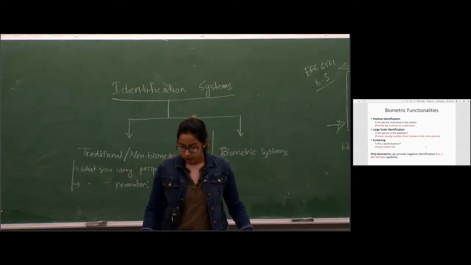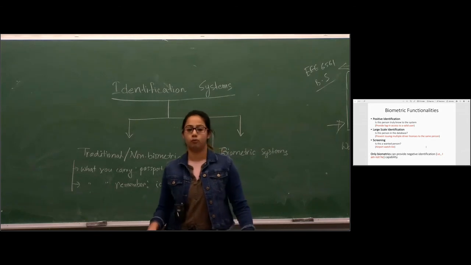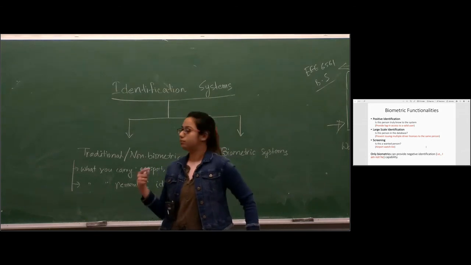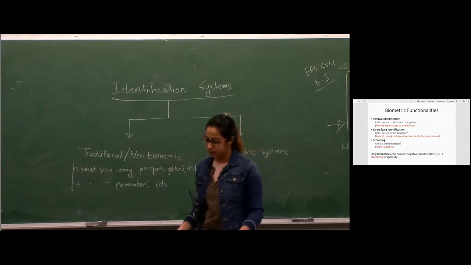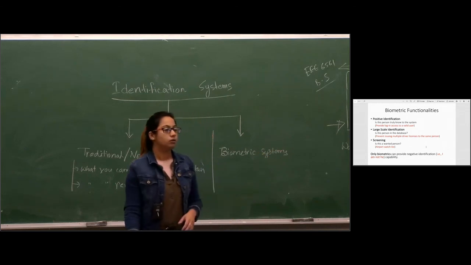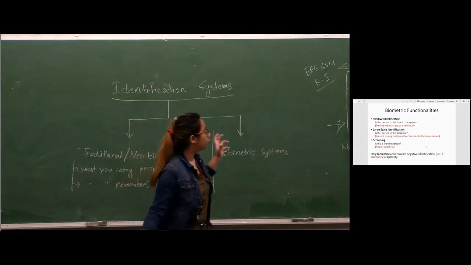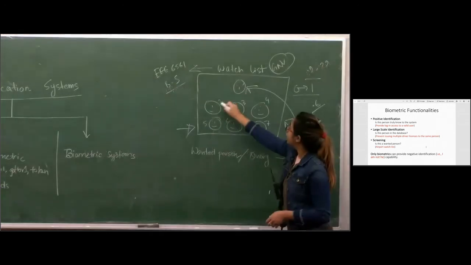But there is one specific aspect of biometrics that is not delivered by any traditional or non-biometric system. That is negative identification, which I mentioned earlier. The beauty of a biometric system is that it does not only tell you whether you are in the system or not. It also tells you that you are not in the system, plus you are not any of these persons.